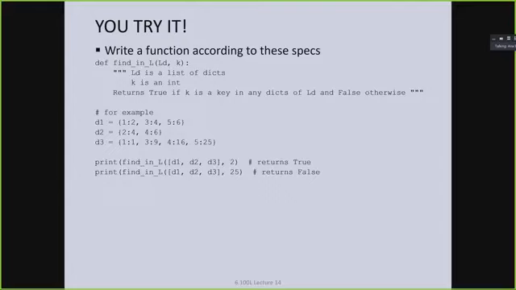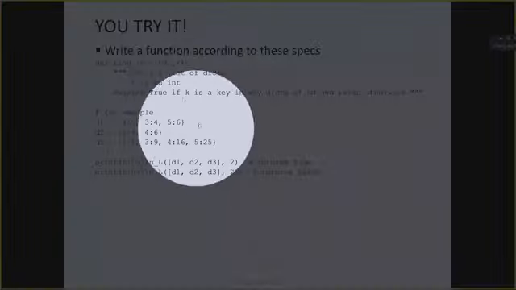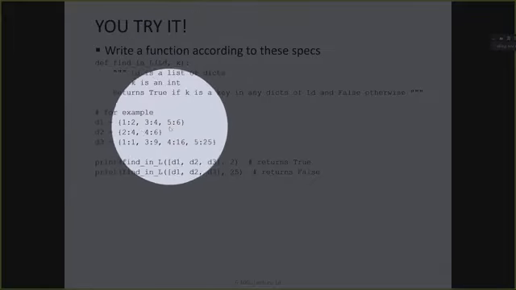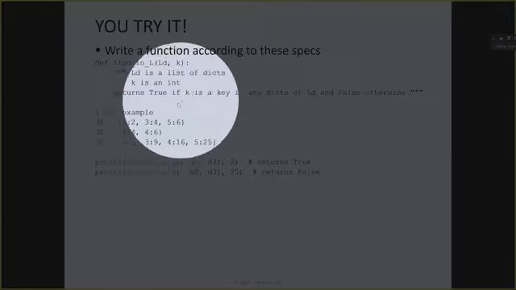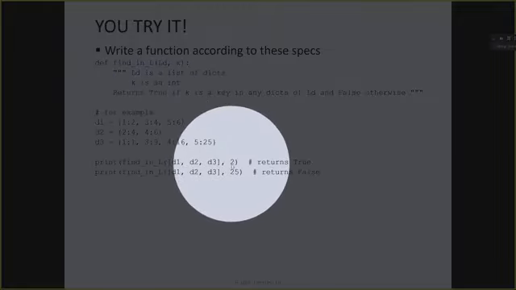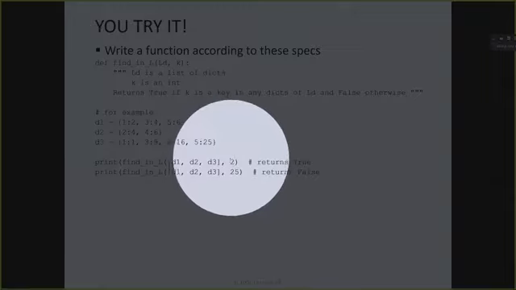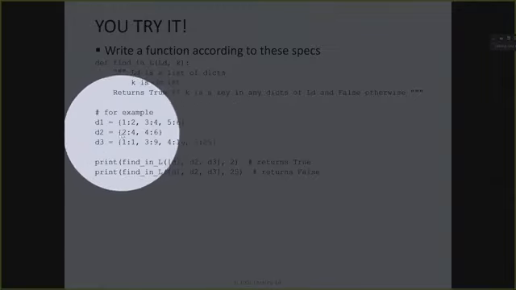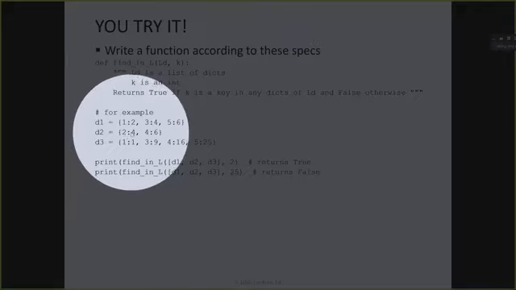What I'd like to do is return True from the function if that K is a key in any of these dictionaries and False otherwise. So as soon as I see a key that matches K, I want to return True. In this example here, when I look for the K2 inside these dictionaries, D1 doesn't have it, but D2 has it, so I would return True.